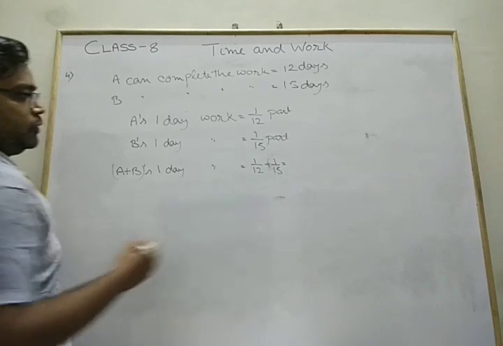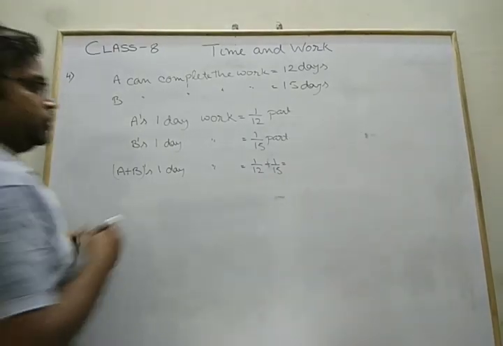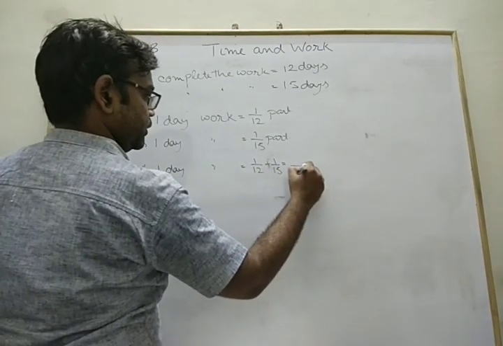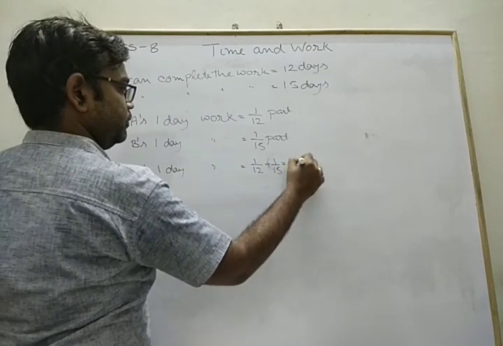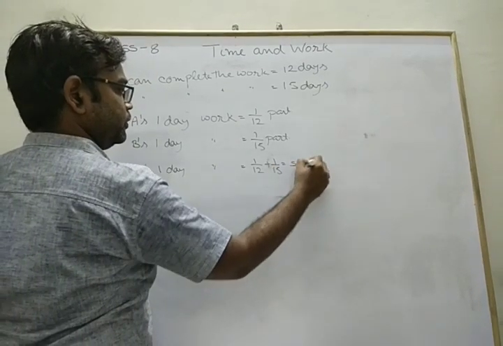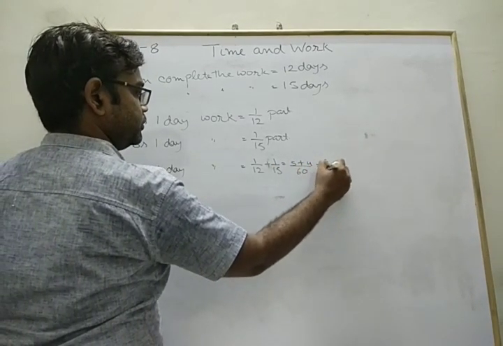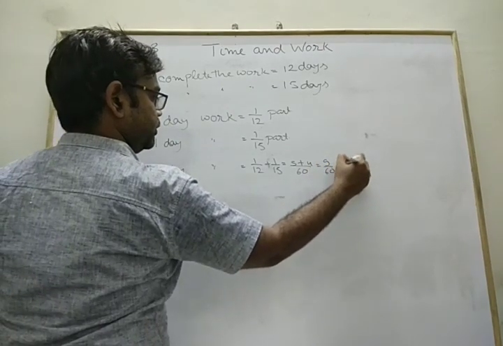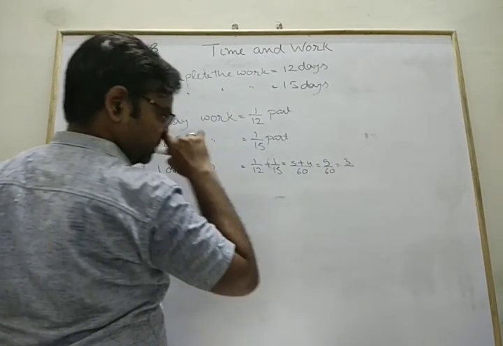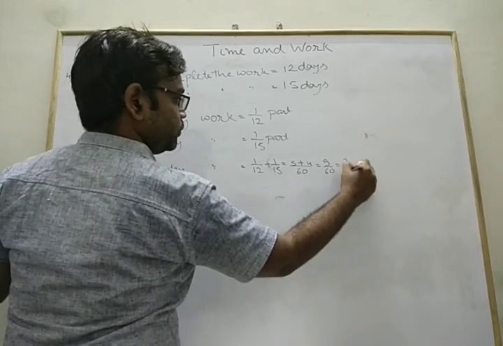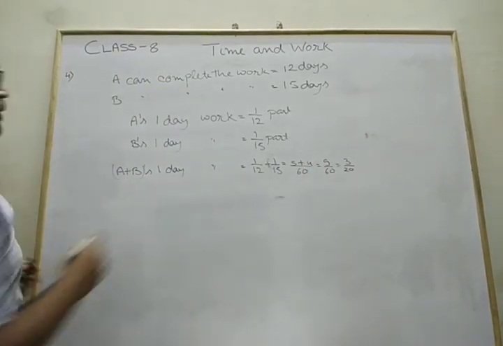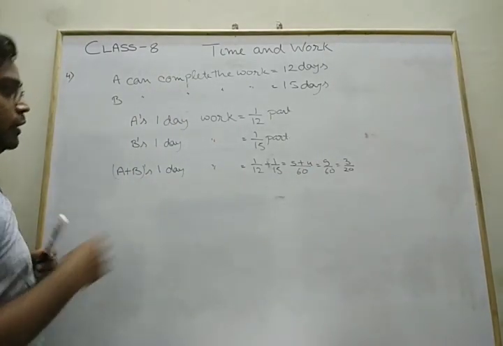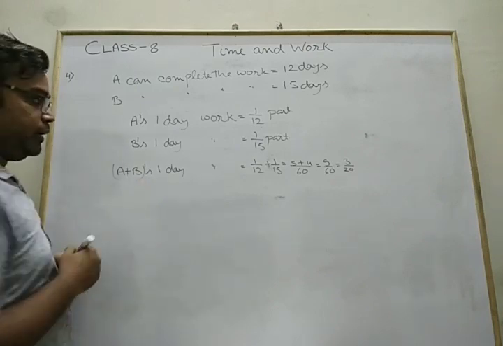The LCM is 60, so 5 plus 4, 9 upon 60. It's 3 upon 20. So A plus B's 1 day work is 3 upon 20, but they work together for 5 days.